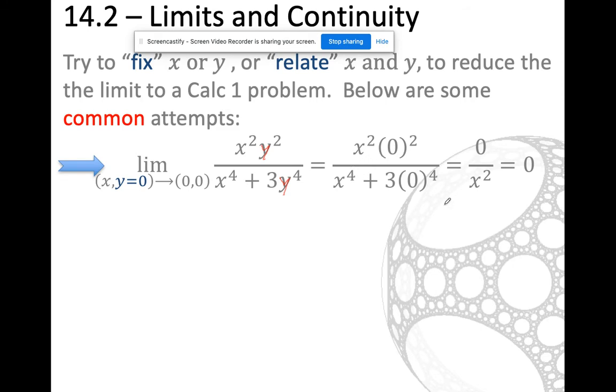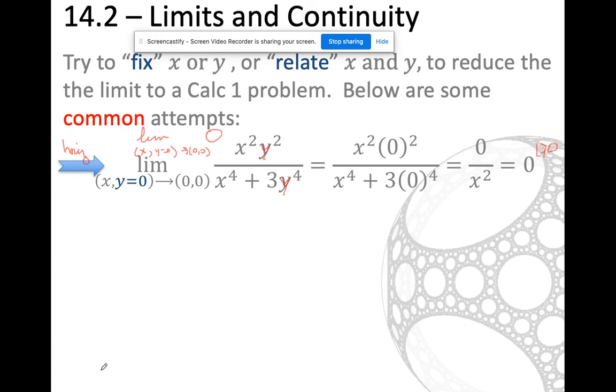When I do that and simplify, I get a new expression, 0. So now, what is the limit of the function 0 as x approaches 0, 0 with y equal to 0? What is that limit? Well, right, the limit of a constant is that same constant. So my limit is 0. So this was me trying the horizontal path.